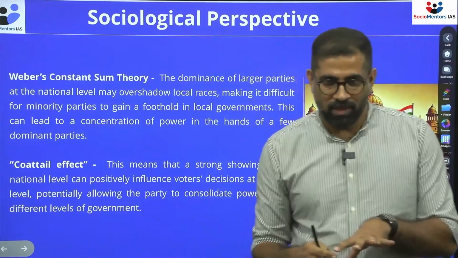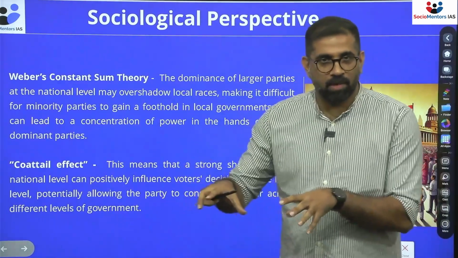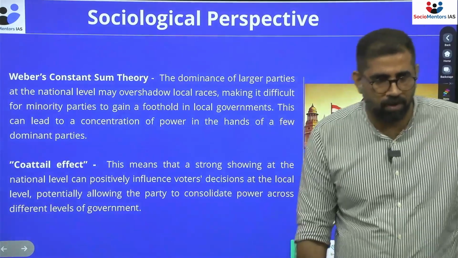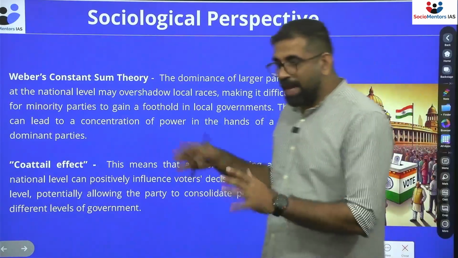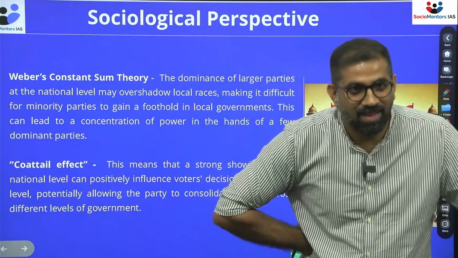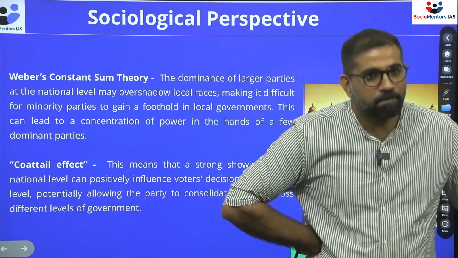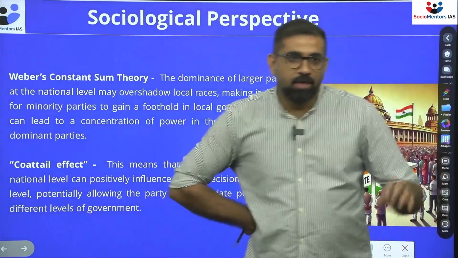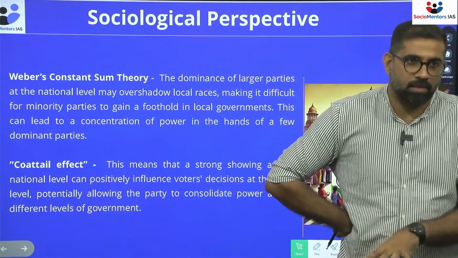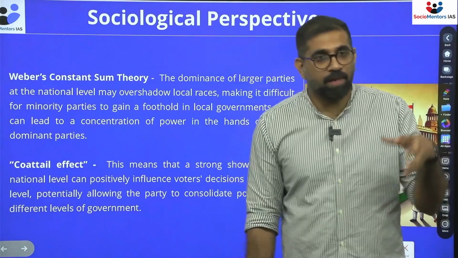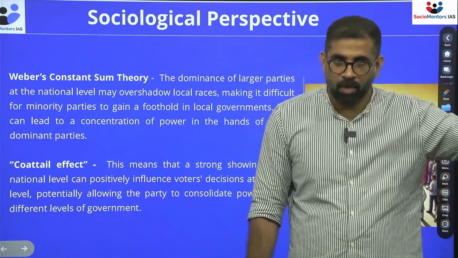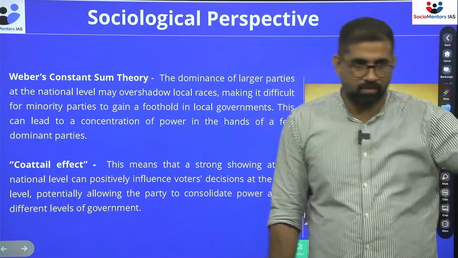Yeah, power is a limited facility, meaning if one group is holding power, it is at the expense of the other group, right? That is the constant sum or zero sum concept of power. So how can we add that concept into simultaneous elections? Yeah, correct, exactly. See, one of the major drawbacks that most political experts mention regarding simultaneous elections is that, if we conduct simultaneous elections, there will be a tendency for people to vote for those parties who are in power at the center, or who stand a chance to win at the center, right?